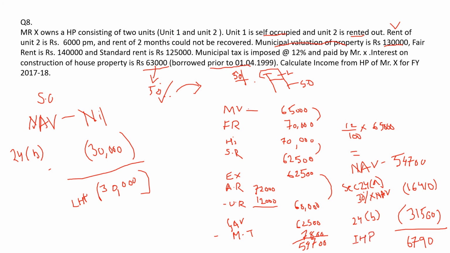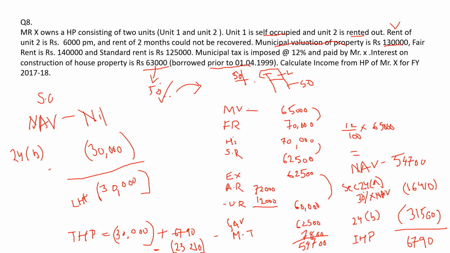And in order to find out the total house property income, we take this 30,000 which was our loss, which came in negative, plus this 6,790, and we get 23,210, which is a negative figure, as our house property income.